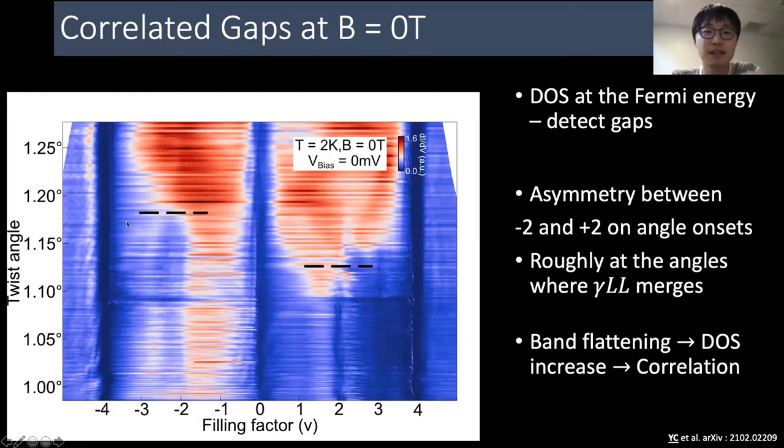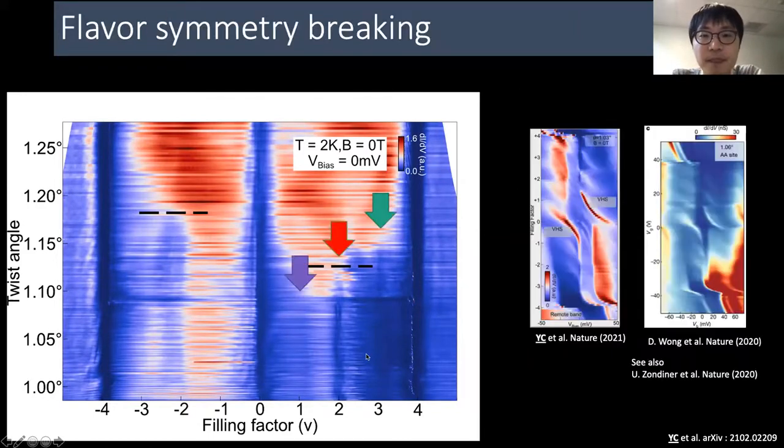And interestingly, they start to appear at the angles roughly where the gamma Landau level merged with the Van Hove singularity in the previous slide. So we suspect that density of state increase due to the band flattening also plays a role here and creates correlated gaps at 0 Tesla. Finally, filling factors 1, 2, and 3 also have some trend.